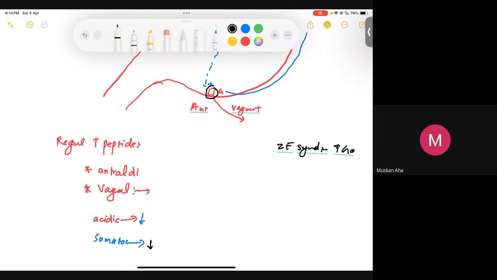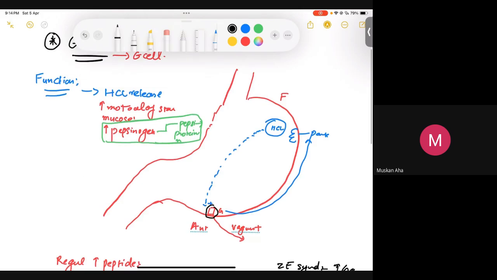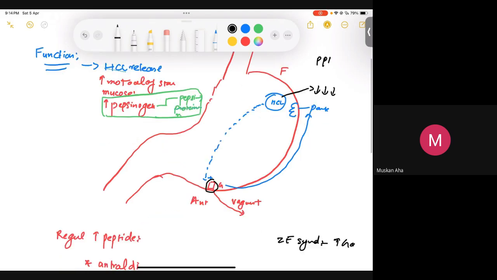Okay, for example, if you have an individual who is chronically using a proton pump inhibitor, in other words, chronically decreasing the HCl level by administration of PPIs, what do you think will happen to the G cells and gastrin? Increase or reduce?